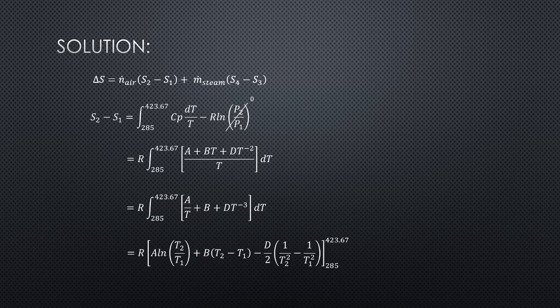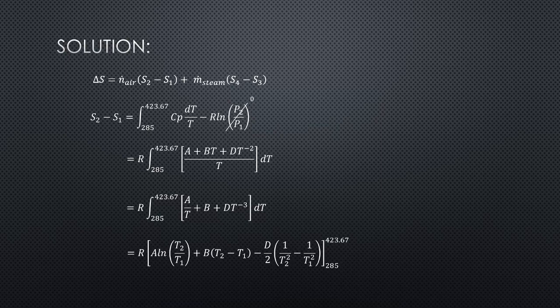So the change of entropy of the universe is just equal to the summation of the change of entropy of the two streams. So for the airstream, S2 minus S1 is just equal to the integral of Cp dT over T minus R ln P2 over P1. But since we know that the pressure is just equal to 1 bar, the second term will be just equal to 0.